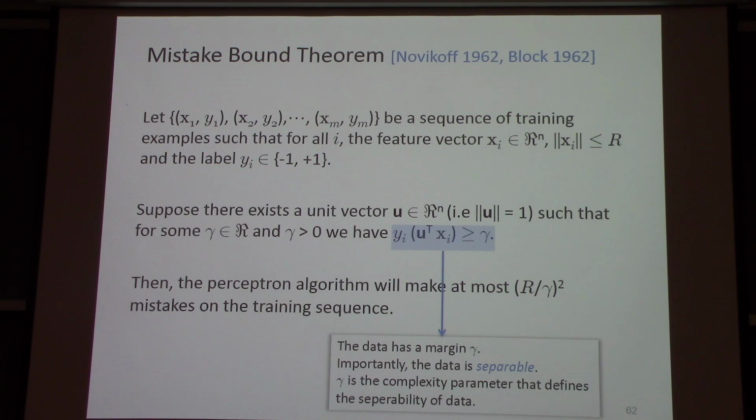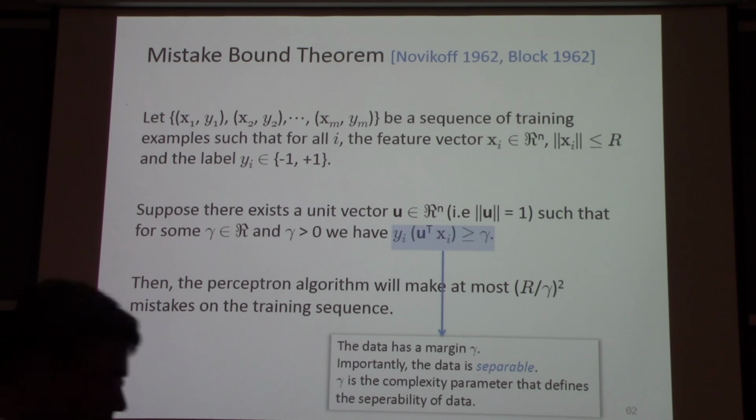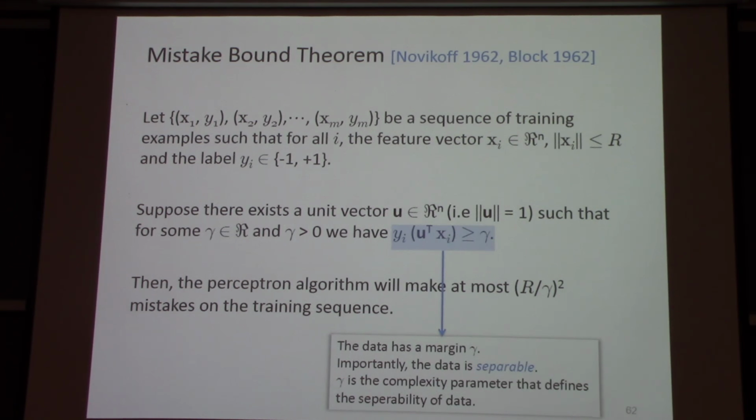We are assuming that the data set that we have is linearly classifiable, meaning the true concept is a linear classifier. Remember that this doesn't have to be the case. For certain kinds of functions, it will not be the case, like XOR, or in the worst case, you could also have noise in the data that renders data sets linearly non-separable. So it's a very strong condition, but this is the condition in which we are able to prove the theorem at this point. And the margin gamma is a complexity parameter.